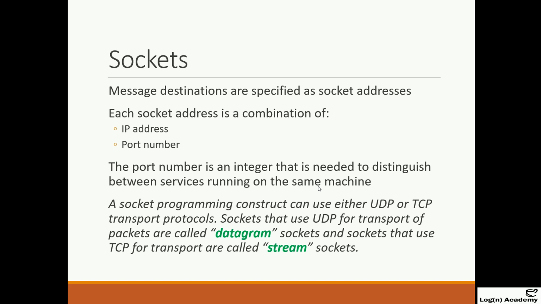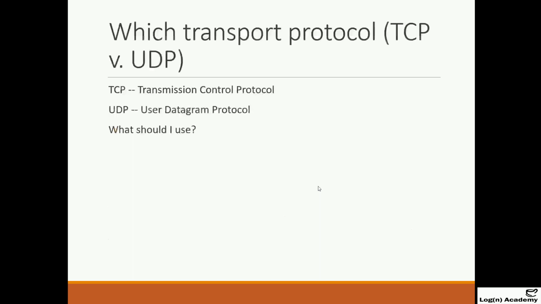When we use UDP, those packets are called datagram packets, and when we use TCP, those streams or data packets are called stream sockets. Why we call them stream sockets, we will discuss later. So which transport protocol? TCP, which is transmission control protocol, and UDP, user datagram protocol, and right now we are discussing only these two. So which one should I use?